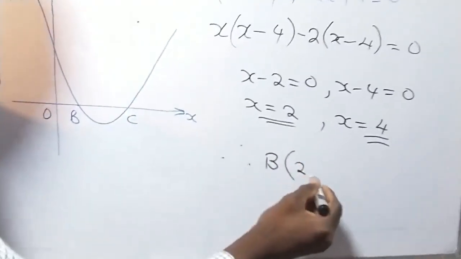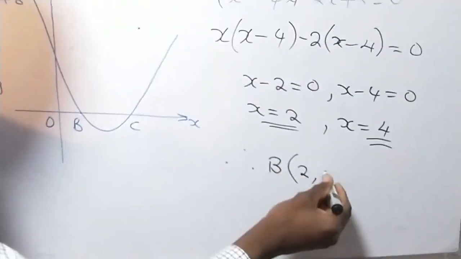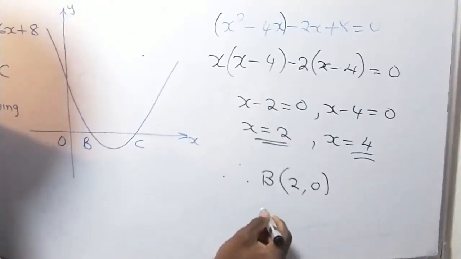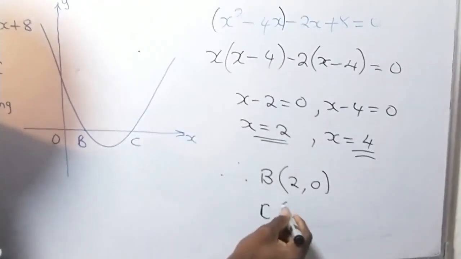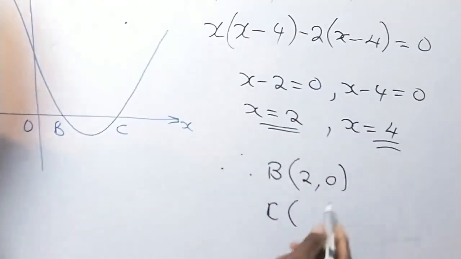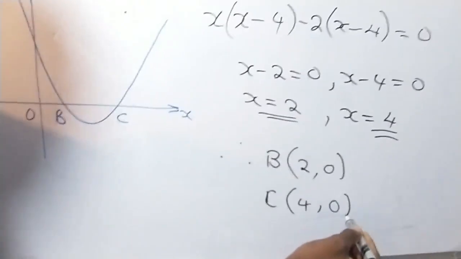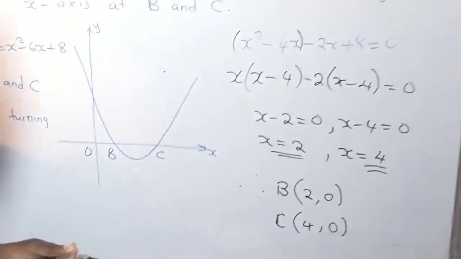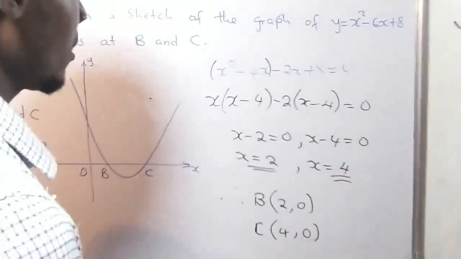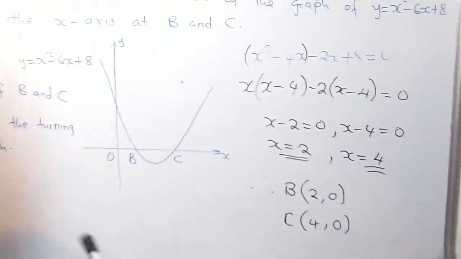So B is 2, comma, 0. As well as C, the coordinates will be 4, comma, 0. That is the first part of the question that we've answered.